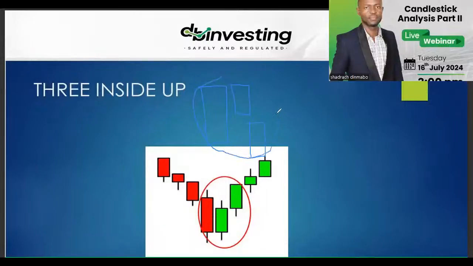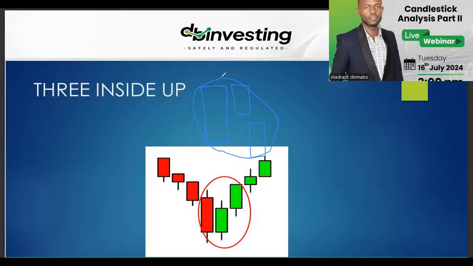This is the case for the bearish, so it's similar to the bearish engulfing candle. What we're trying to say is that when two bearish candles swallow up a bullish candle, we can look at it as three inside down. When two bullish candles swallow up a bearish candle, it's called three inside up.